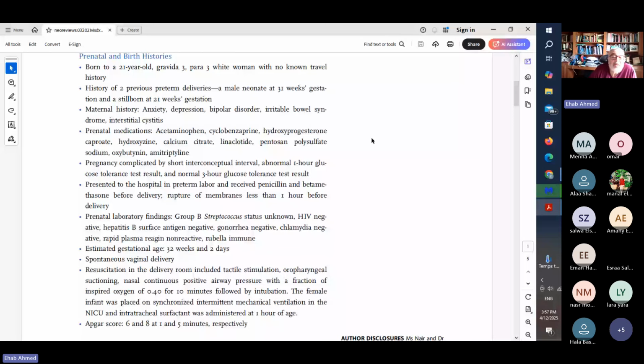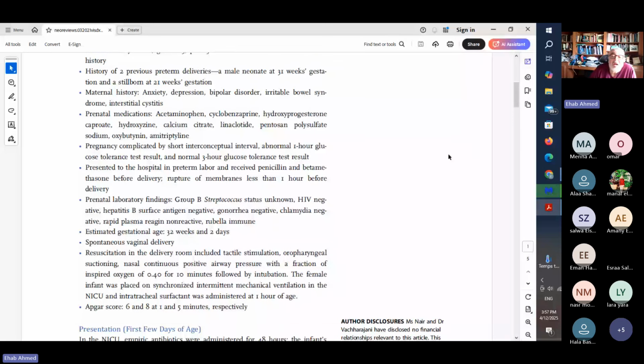Mom has anxiety, depression, bipolar disorder. She has all the psych problems. Irritable bowel syndrome, interstitial cystitis. Poor mom, she is on tons of medications. I don't know most of them.